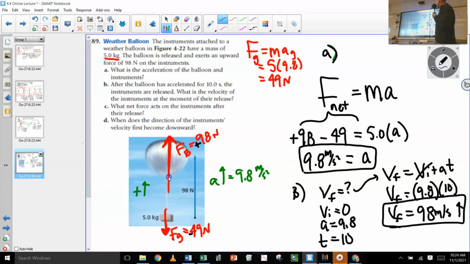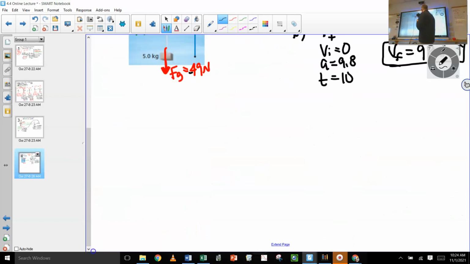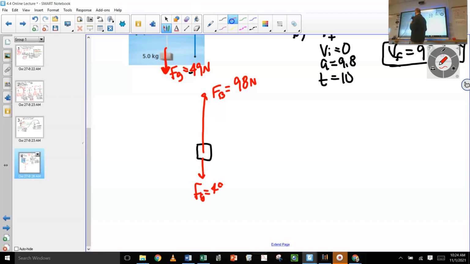Part C. What is the net force acting on the instruments after their release? So my instruments here, they had a force of balloon, the buoyancy of 98 newtons, and then it was also gravity pulling down on it, and that was 49 newtons.